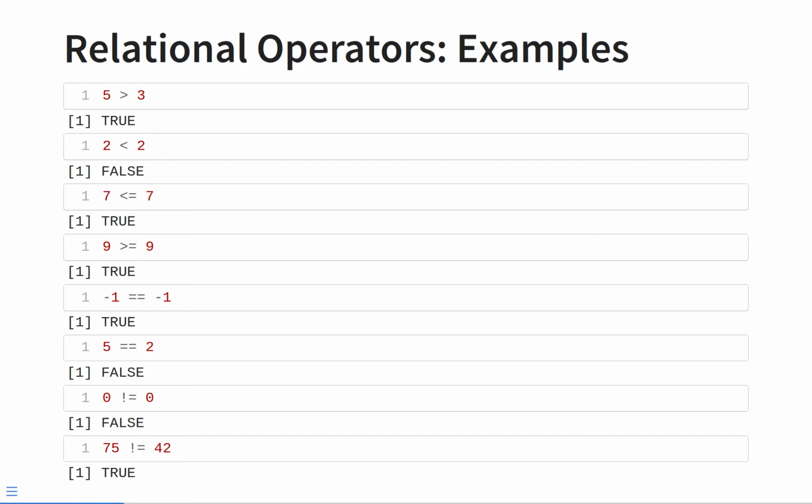But 5 double equals 2 returns false. 0 not equal to 0 returns false because that's the opposite of double equals. 0 equals 0, and so it's not true that 0 doesn't equal 0. And I'm realizing now that was needlessly confusing, but, well, it's just an example. 75 not equal to 42, on the other hand, returns true because 75 and 42 are not equal to each other.